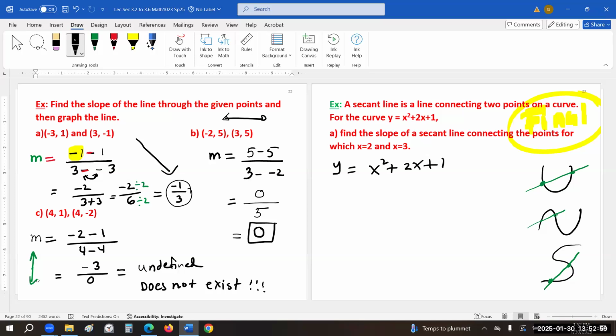One of them is 2, one of them is 3. For example, let's say this is the x value 2 and this is the x value 3. So at this point, we have x value 2. At this point, we have x value 3. They're telling us what's the slope of this line.